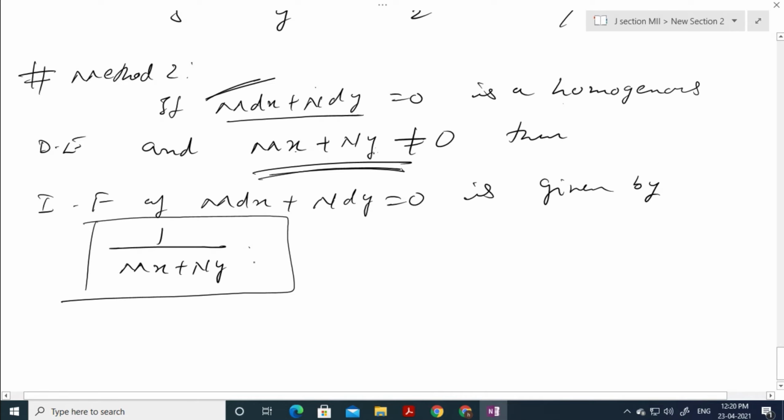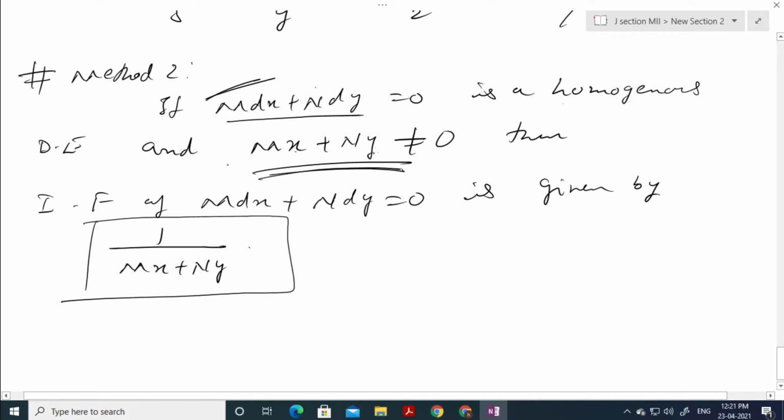And again you get the solution the same way. You integrate new m with respect to x keeping y constant, plus integrate those terms of n which are independent of x with respect to y, and equate it to constant c. Understood? The procedure is same for all the methods. Only the integrating factor will change according to some condition.